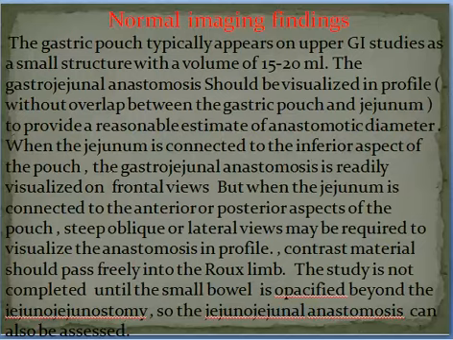When the jejunum is connected to the inferior aspect of the pouch, the gastrojejunal anastomosis is readily visualized on frontal views. If it is from the lower margin, it is easily seen in the lateral view. But when the jejunum is connected to the anterior or posterior parts of the pouch, steep oblique or lateral views are needed to show the anastomosis in profile.